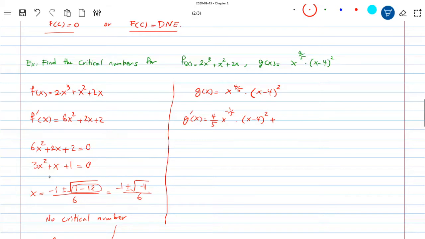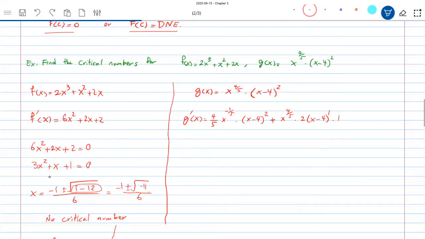I'm using the product rule, plus x to the 4/5 times the derivative of the other term, 2 times x minus 4 to the power 1, multiplied by the derivative of the inside, which is simply 1. You have to follow the chain rule. This 1 at the end was the derivative of the inside. The derivative of x minus 4 was simply 1.